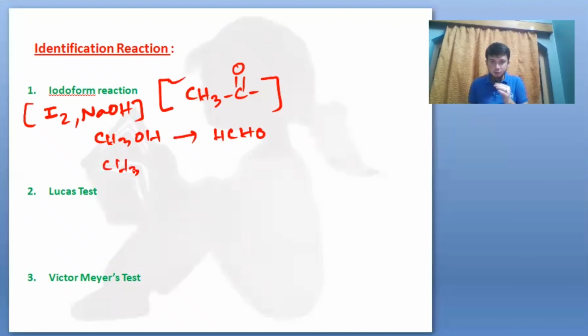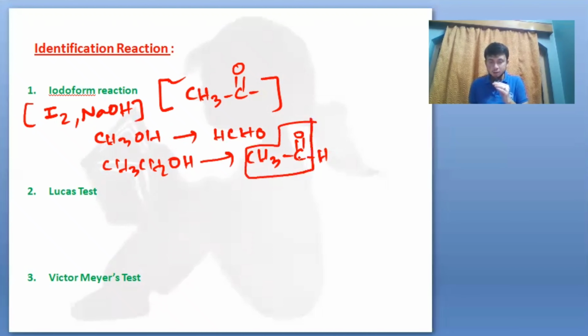But if we oxidize ethyl alcohol, it will have this group, right? So this will react in the iodoform reaction, and what will it form?